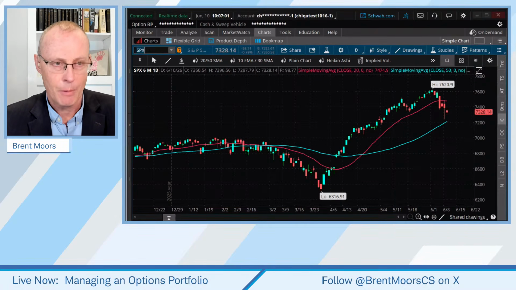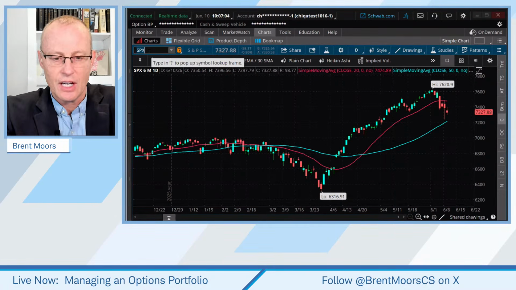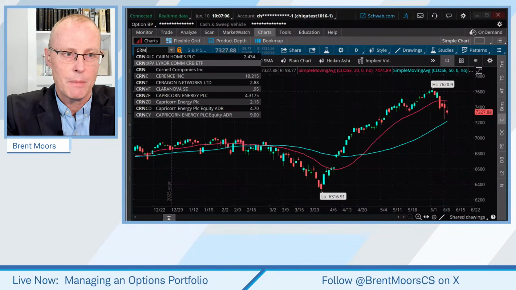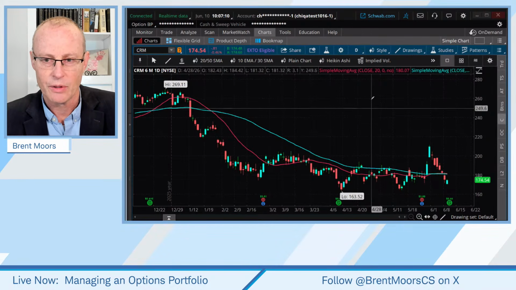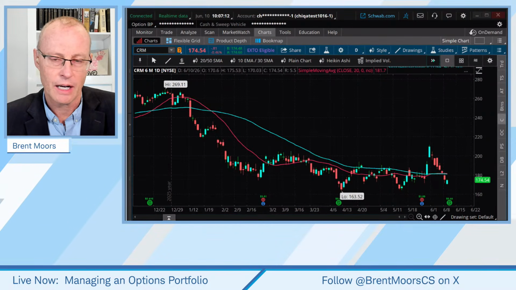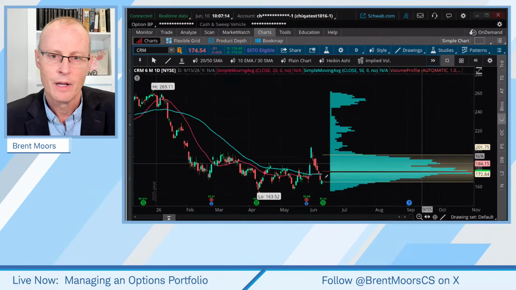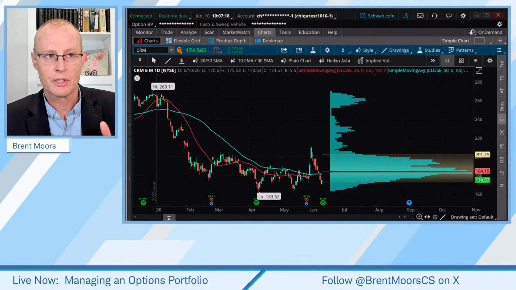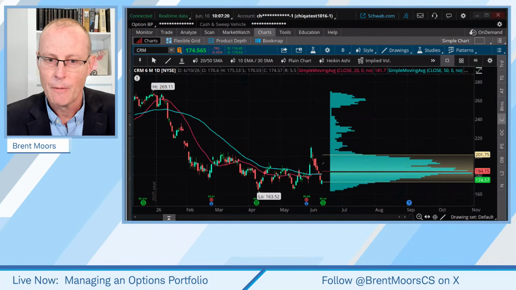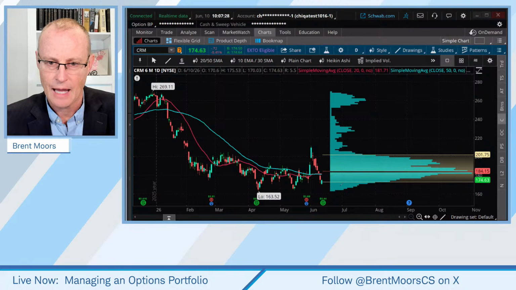For our example here, I'm going to look at CRM, Salesforce. It's a company many of you are familiar with. On this stock, I'm going to throw on a technical indicator that we often look at, and that's a volume profile. With the volume profile, just as a reminder, it tells you what price the stock has traded at in terms of volume, the most times it's traded at that price.